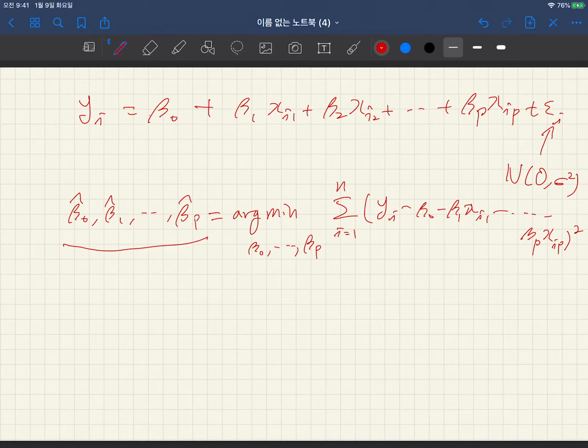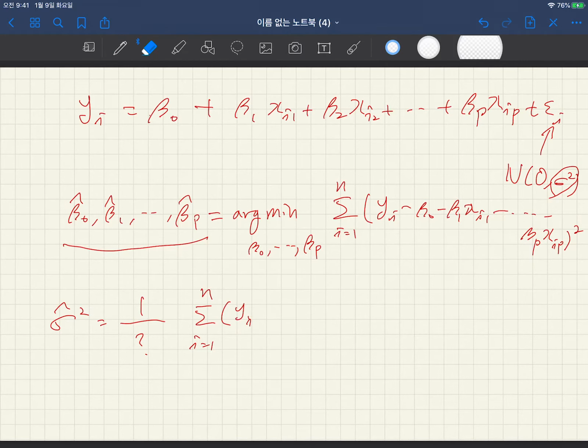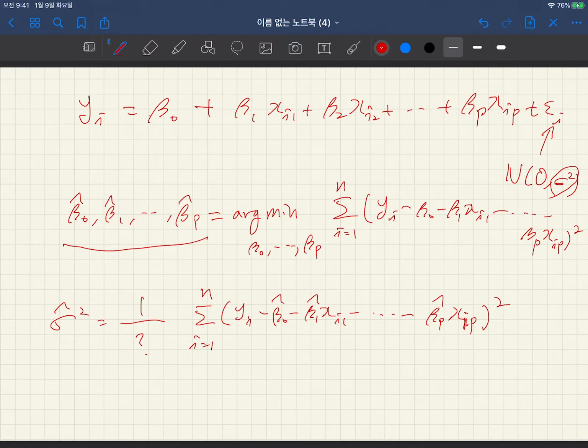And sometimes we want to estimate sigma square, and to this end we usually compute this process. So sigma hat square can be obtained from 1 over something times the summation i from 1 to n of (yi minus beta 0 hat minus beta 1 hat xi1 minus ... minus beta p hat xip) square.